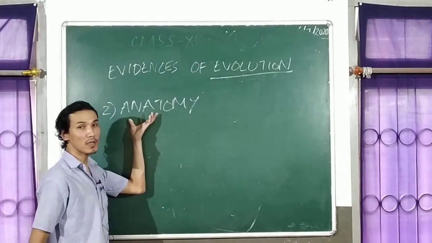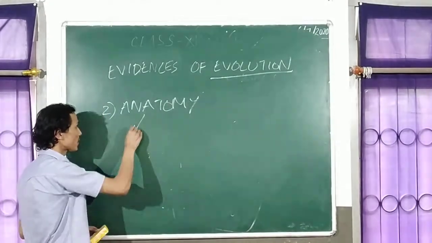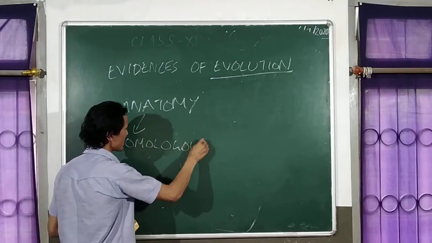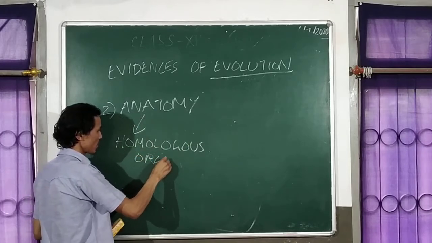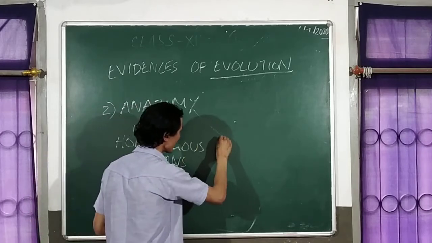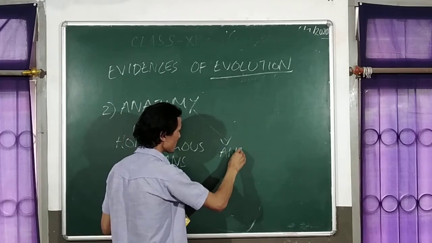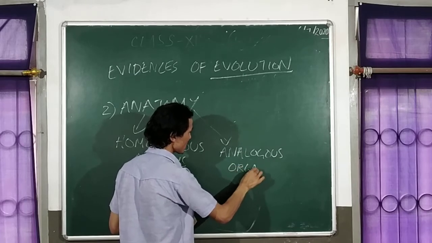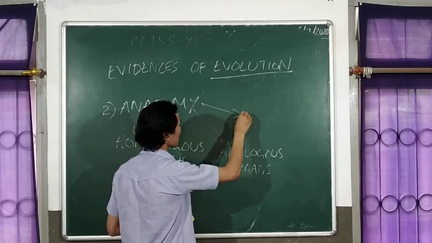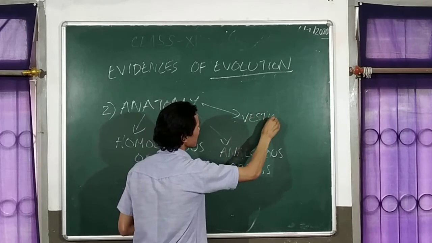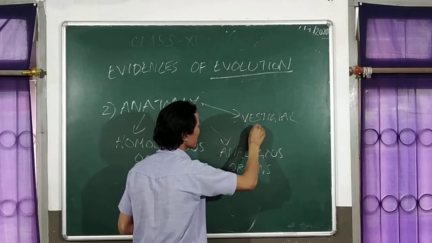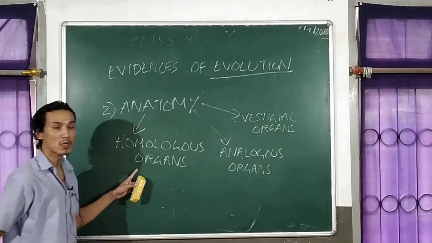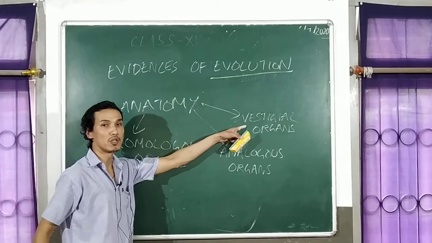So from anatomy, you have to remember 3 main things: homologous organs, analogous organs, and vestigial organs.